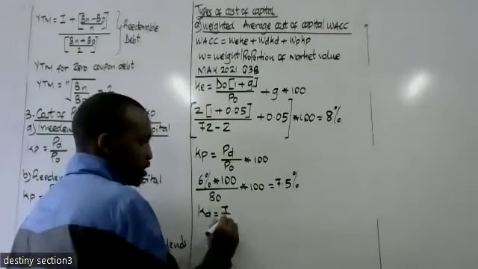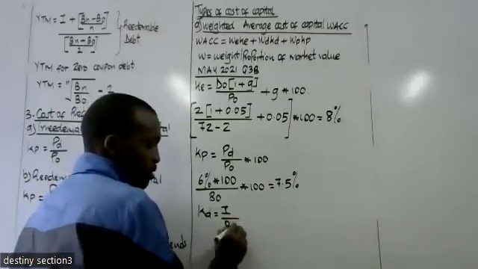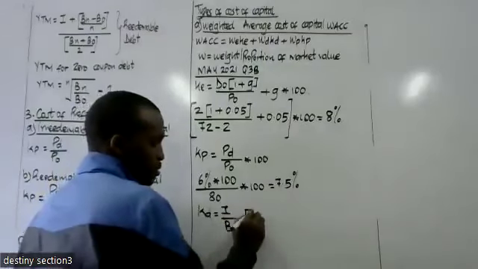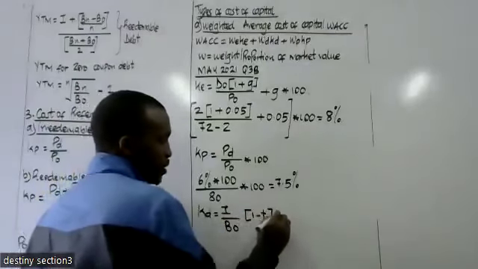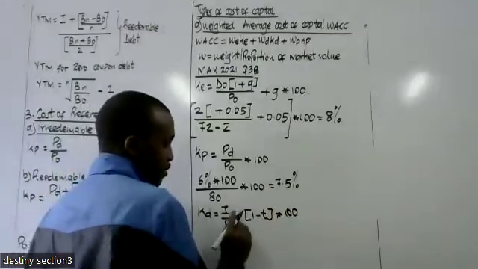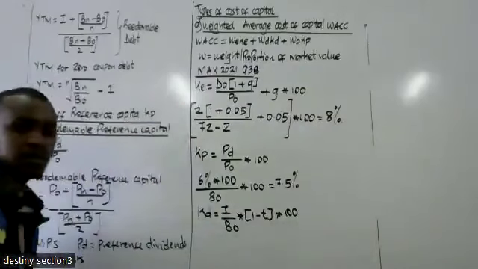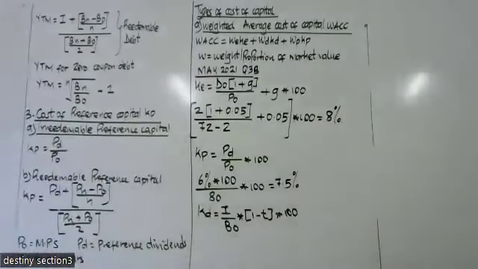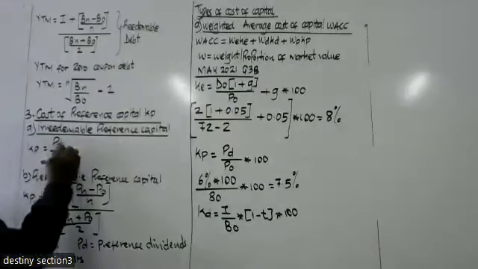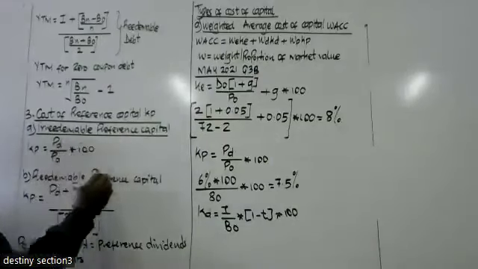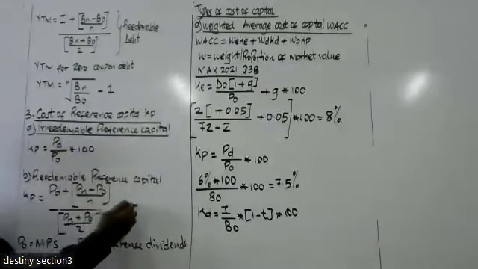It is your interest divided by 1 minus the tax rate. And they're always percentages, eh?